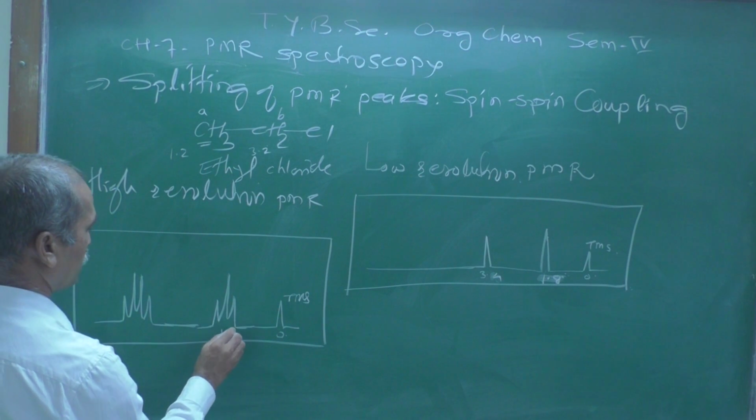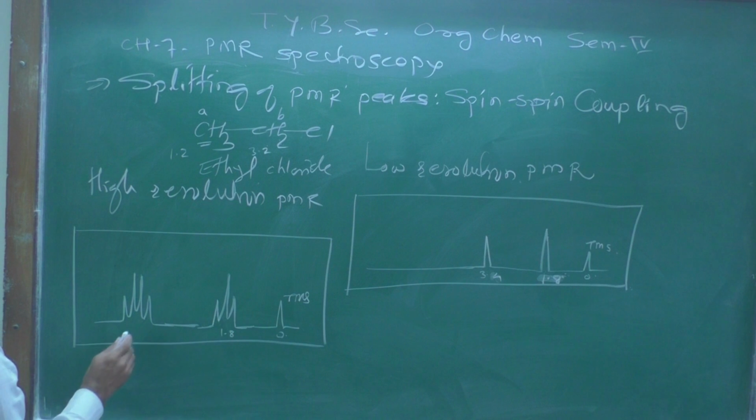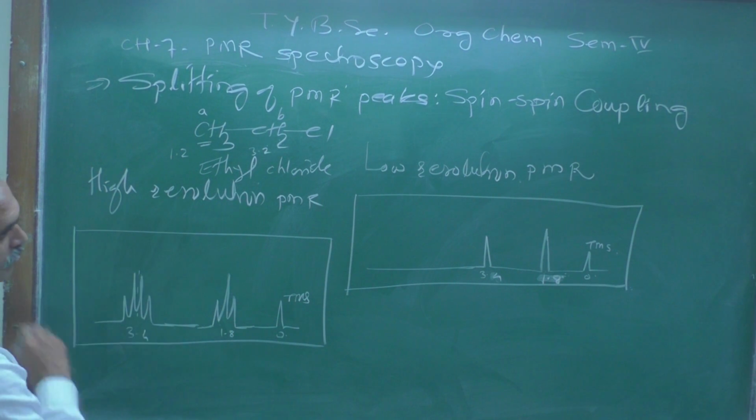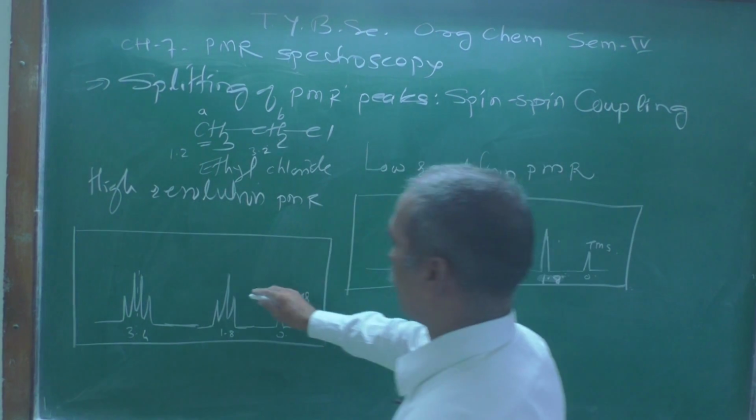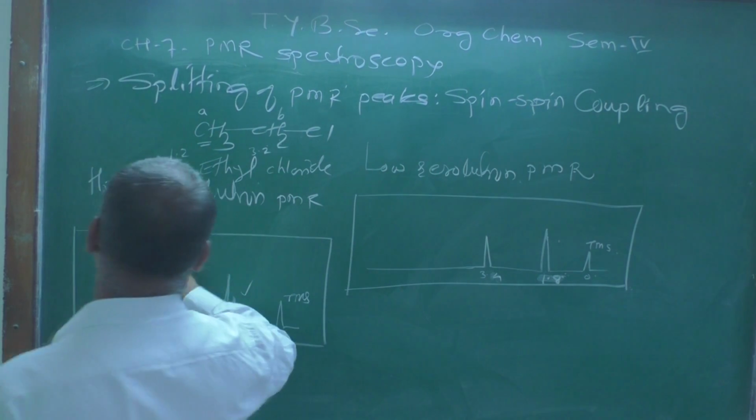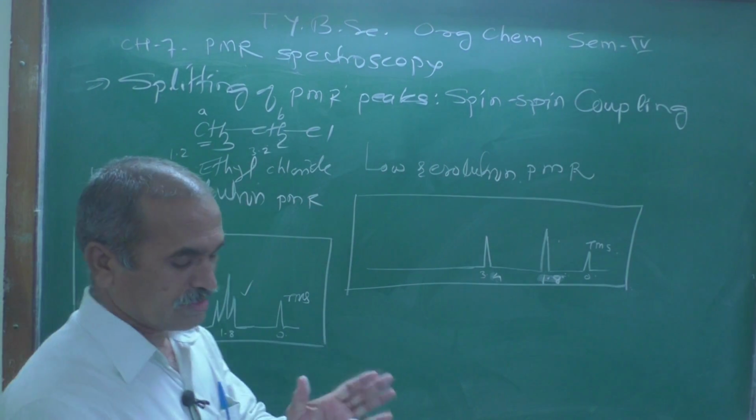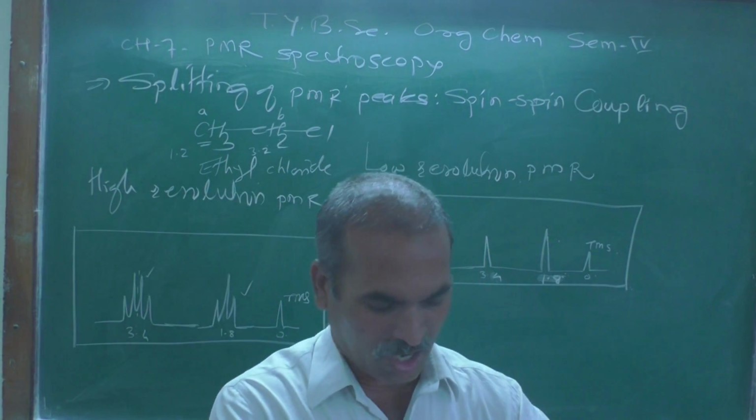The chemical shift value remains as it is, 1.8, and here 3.4 exactly at the middle. See, here is a single peak, here we are going to get a triplet, and here a quartet. In such a way the splittings occur.